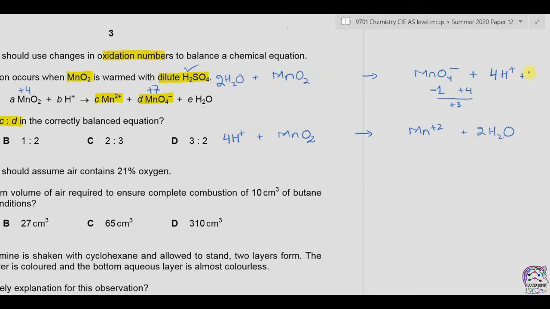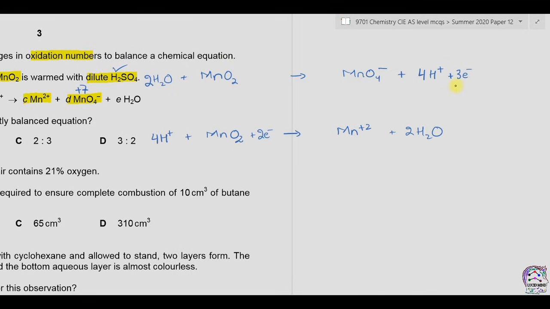So we can add 3 electrons so that this part also becomes neutral. In the second equation, we have +4 charge and 0 charge on MnO2, +2 charge on Mn and 0 charge on water. So we can add 2 electrons to the reactant side in order to balance the charges on both the sides of the equation.